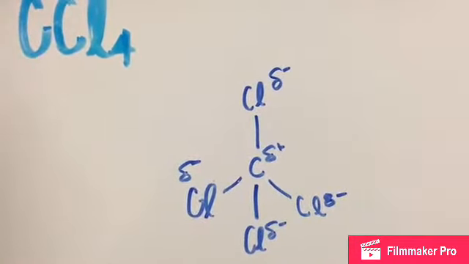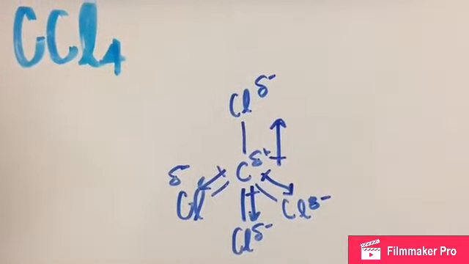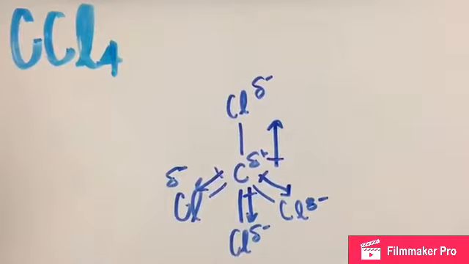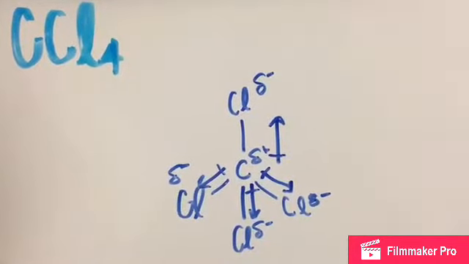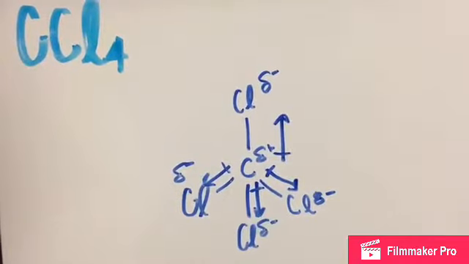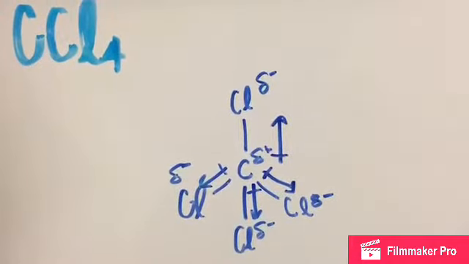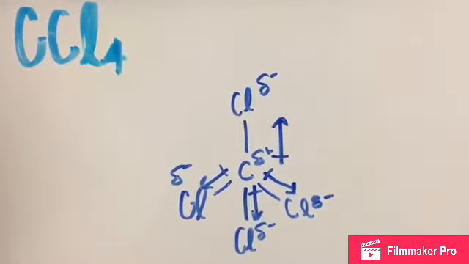Now let's look at the bond dipoles. We see that the bond dipoles all have a positive tail next to the carbon atom, which is slightly positive, and they extend out towards the slightly negative chlorine atoms.